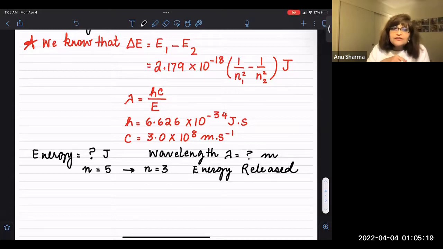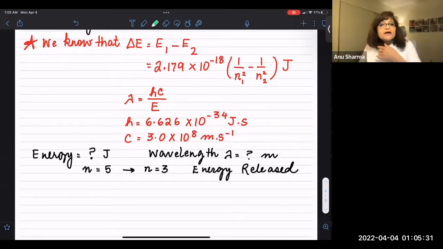There are certain things we already know. We know the change in the energy when the electron jumps from a higher level to a lower level, or from a lower to a higher, is a subtraction, E1 minus E2.